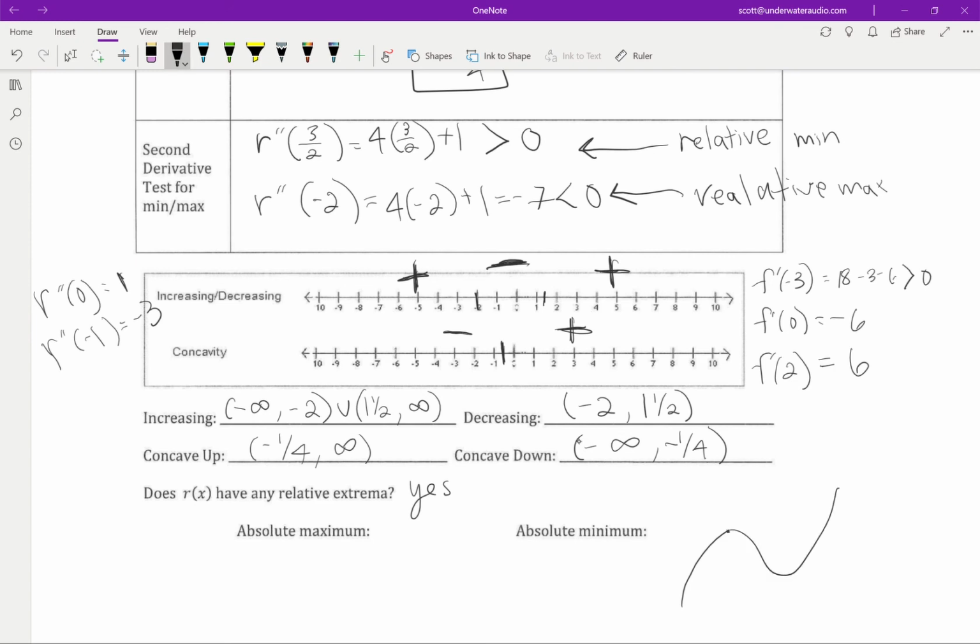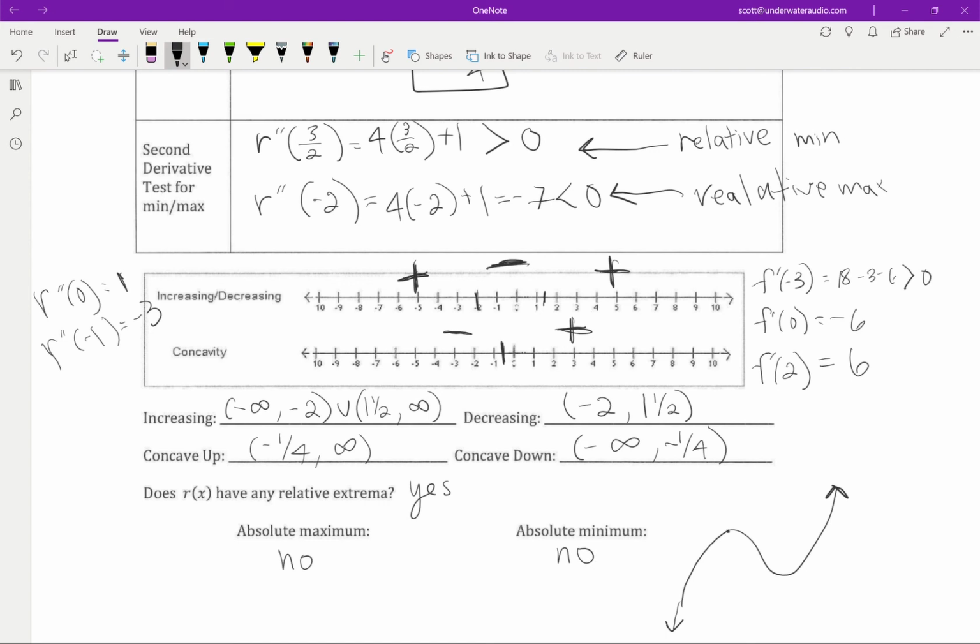And it was increasing the whole time down here and the whole time over here. So if I had to guess, I would say there's no max because it's continually increasing over here. And absolute minimum, I would say no as well.